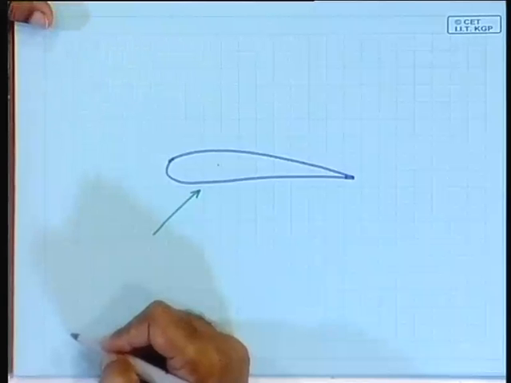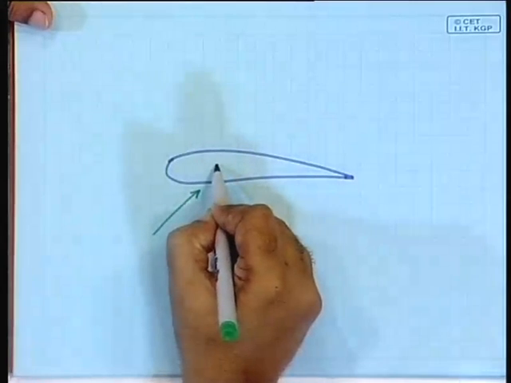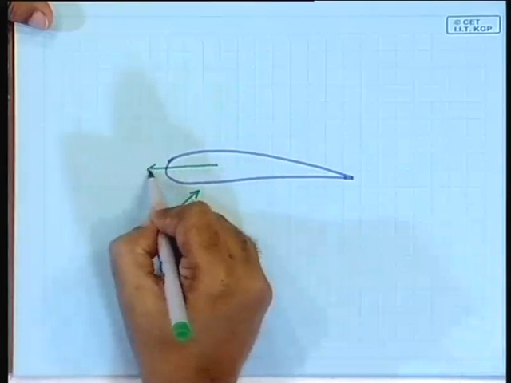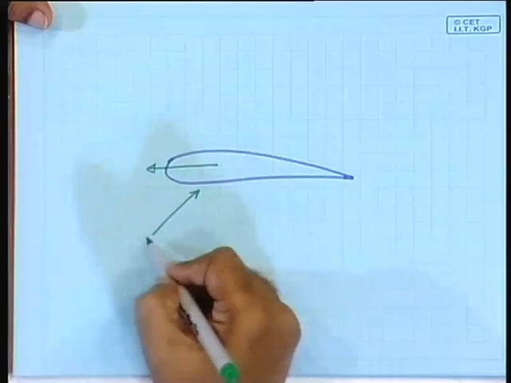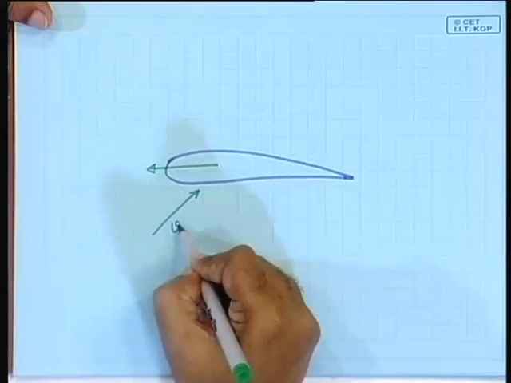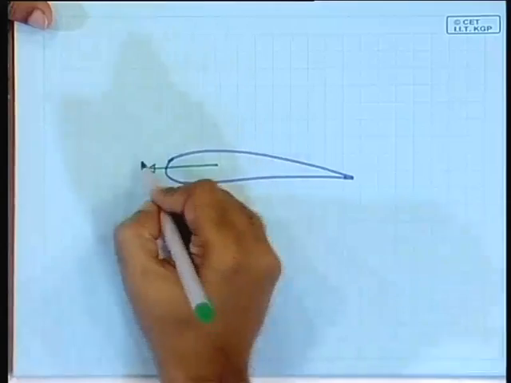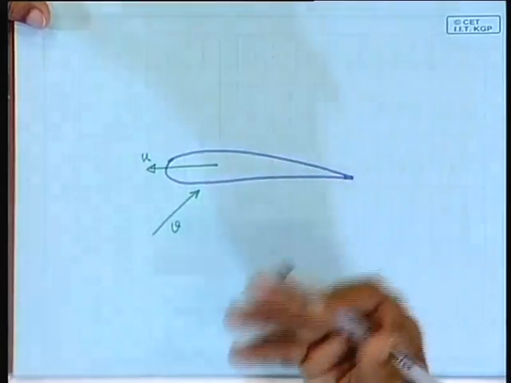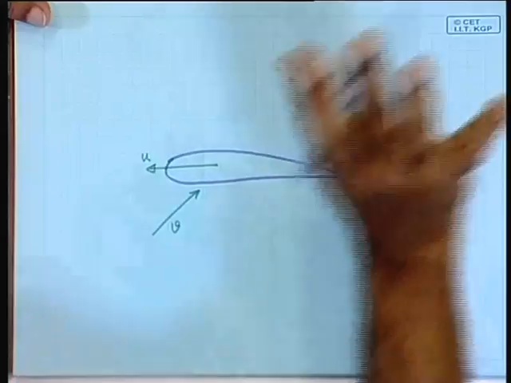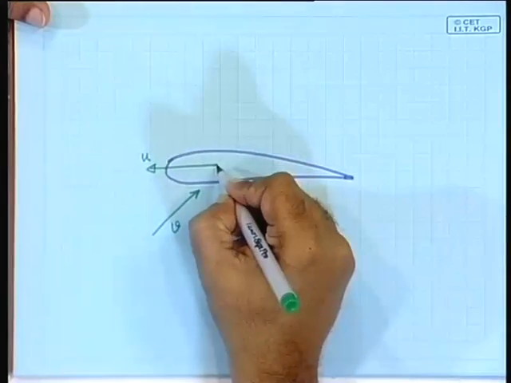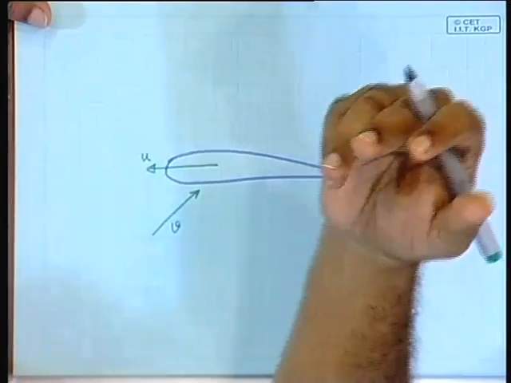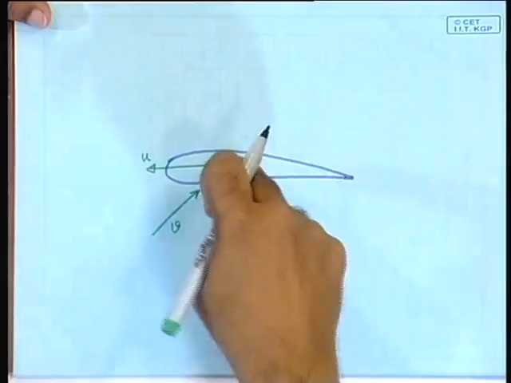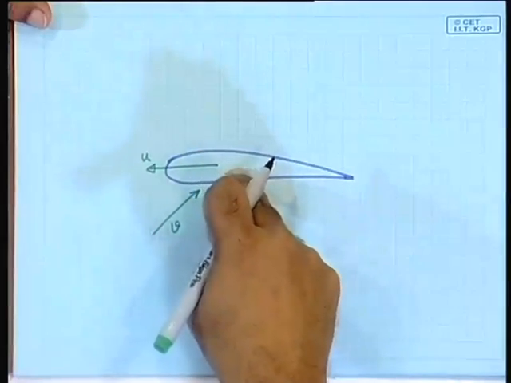So, you have its own motion this way and the wind's motion this way. In that case, how will you visualize the different forces? Simple really, because you have to consider what is the speed of the wind as seen by the airfoil.